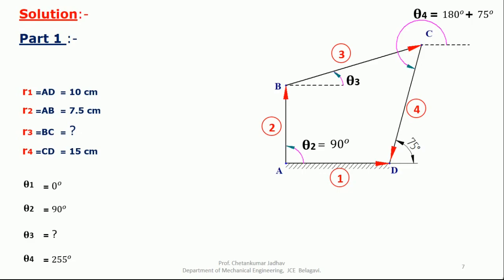That is, R1 is equal to AD is equal to 10 cm, R2 is equal to AB is equal to 7.5 cm, R3 is BC, that is unknown, R4 is equal to CD is equal to 15 cm, theta 1 is 0 degree, theta 2 is 90 degree, theta 3 is unknown, and theta 4 is 255 degree.